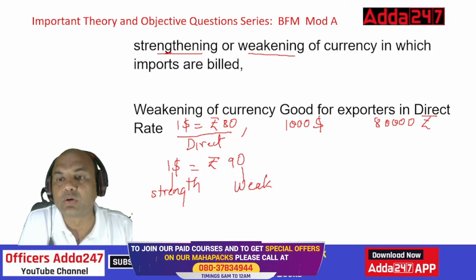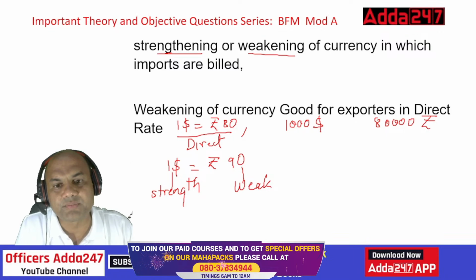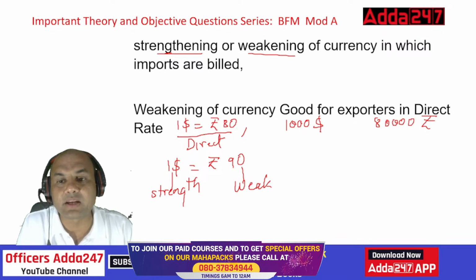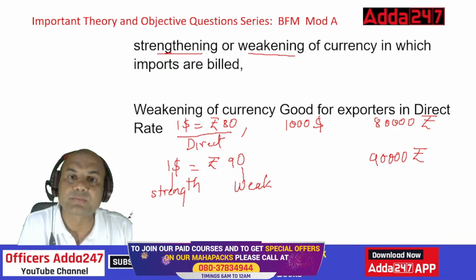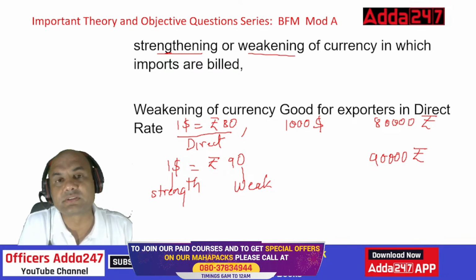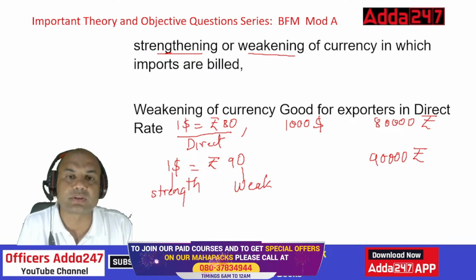Now the rupee weakens. Again, you will be paying me $1,000 only. How much will I get? I'll be getting 90,000 rupees. If I sell it in the market and convert the dollars to rupees, I'll get 90,000. Earlier I was getting 80,000. So it is good for the exporters. Weakening of a currency is always good for the exporters.